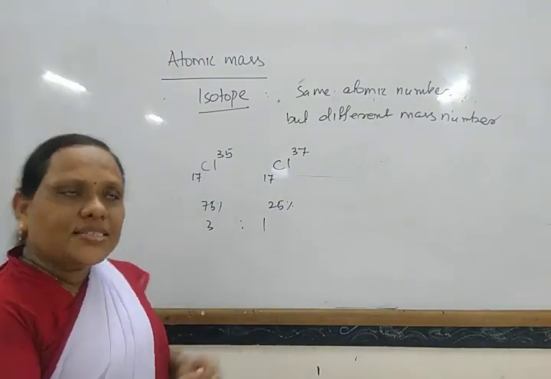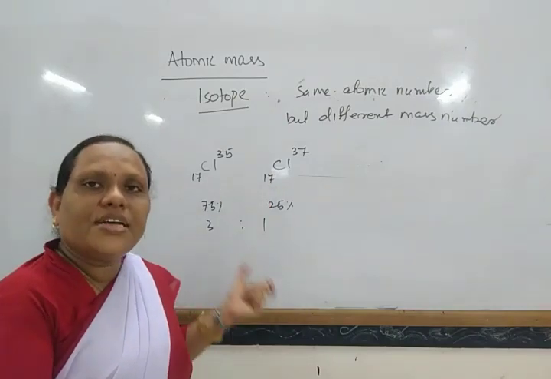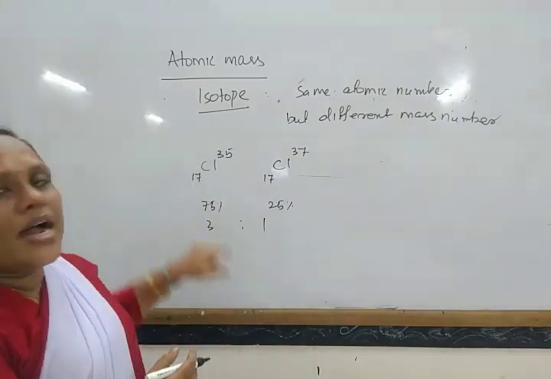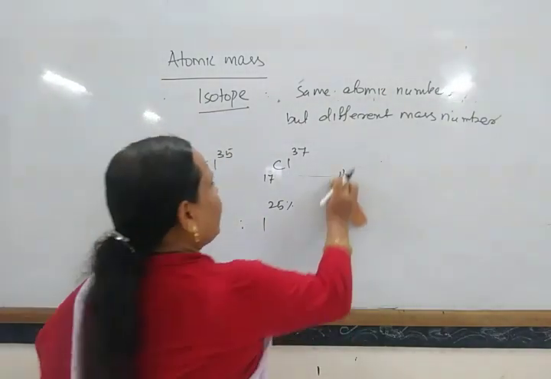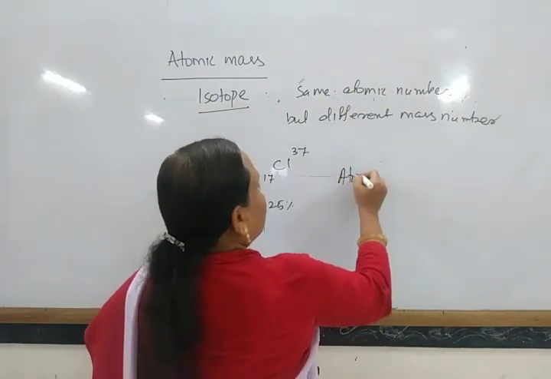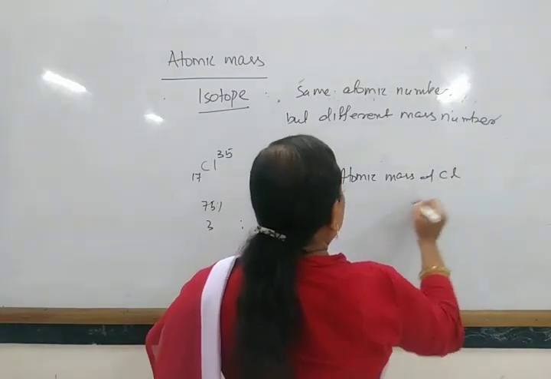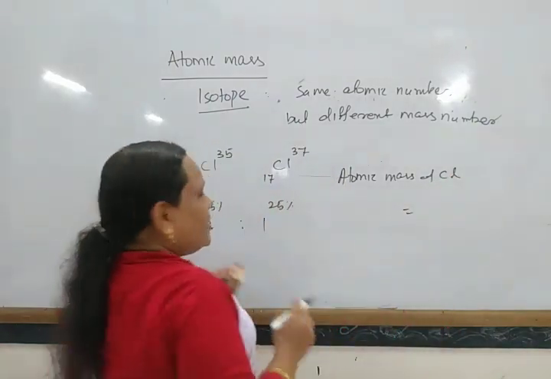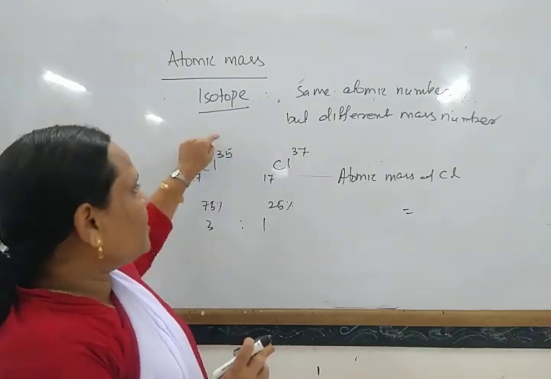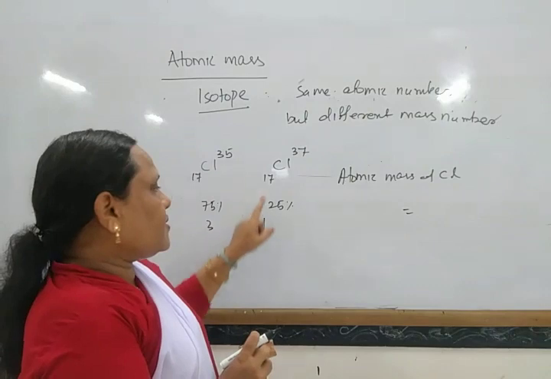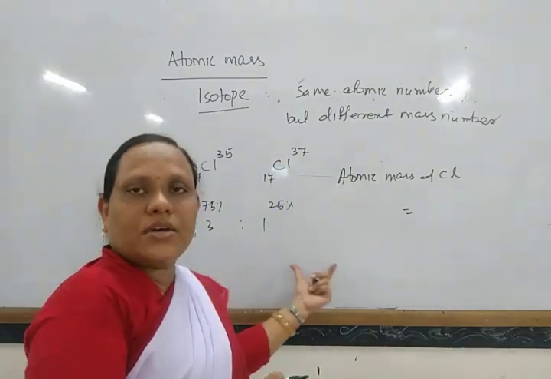So in that case, the atomic mass of the element is determined from its average value. Then what is its atomic mass? The atomic mass of chlorine is equal to the percentage abundance into its atomic mass, plus the other ratio into its atomic mass, divided by the total number.